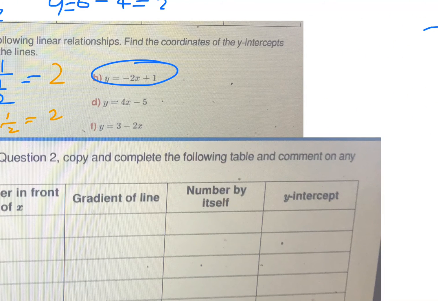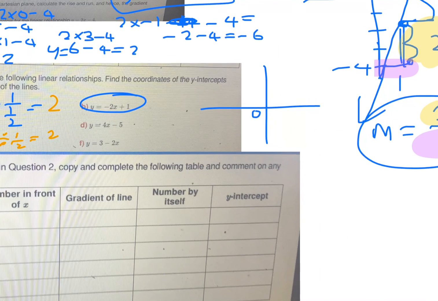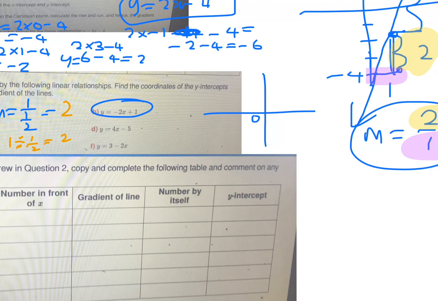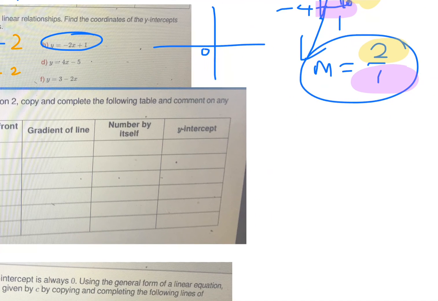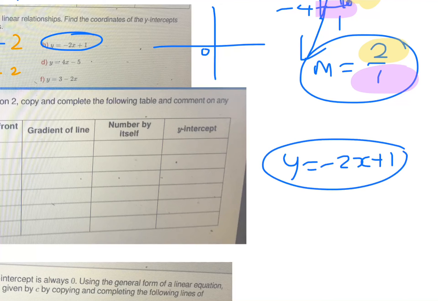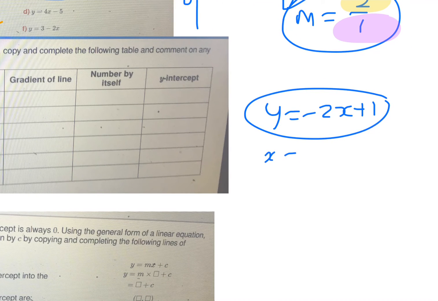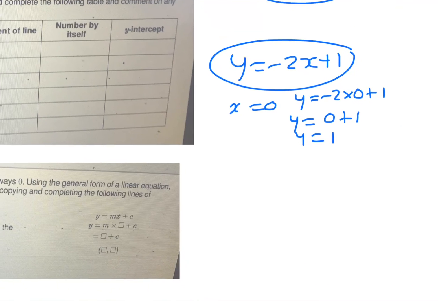Let's look at that one there. Okay, so I'm going to sketch that one, and we're going to sketch it using the x and y intercepts. So it is y equals minus 2x plus 1. So you put in x equals 0, and you get y is minus 2 times 0 plus 1, which is 0 plus 1, so y is 1.